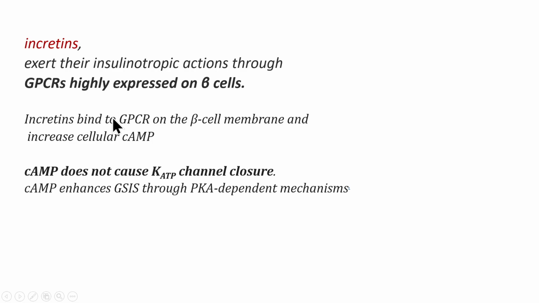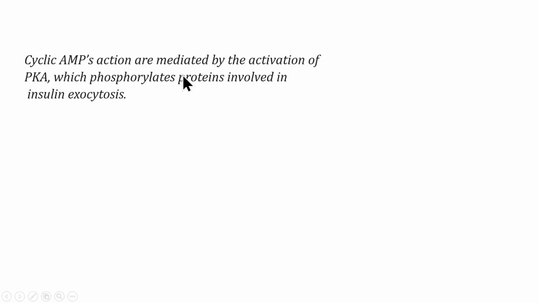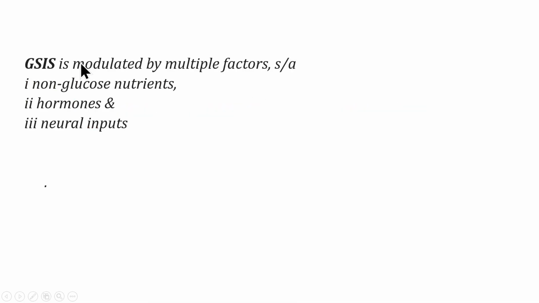The incretins bind to the G-protein coupled receptors on the beta cell membrane and increase the intracellular cyclic AMP concentration. The cyclic AMP enhances glucose stimulated insulin secretion through activation of protein kinase A, which phosphorylates proteins which are involved in insulin exocytosis.